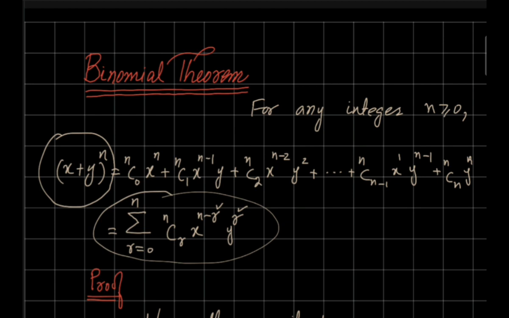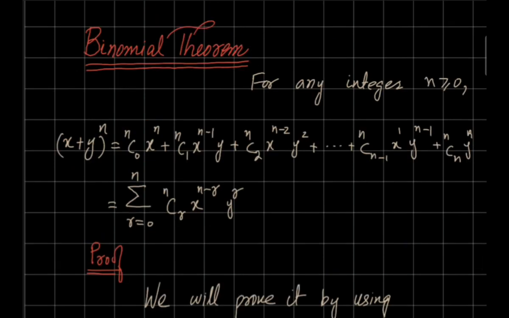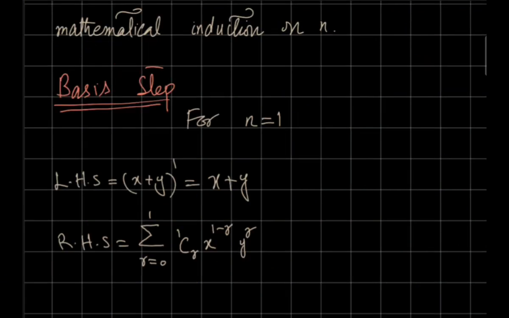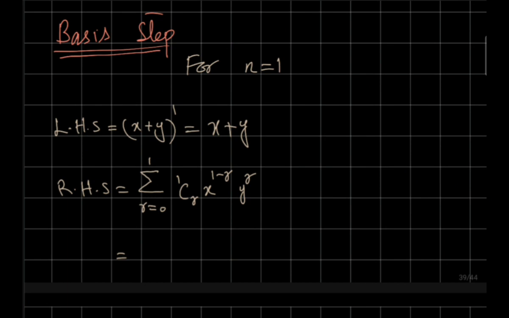So let's do it for n is equal to 1. Left hand side will become (x plus y) to the 1, which is the same as x plus y. Now we will put n is equal to 1 for the right hand side. This is the summation from 0 to 1, so we put r is equal to 0 and then r is equal to 1.